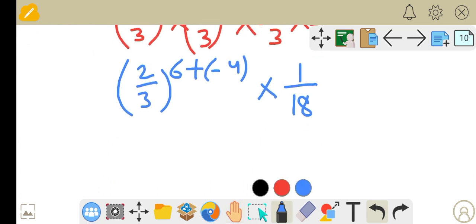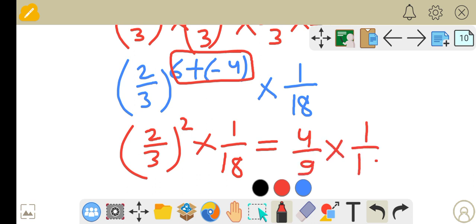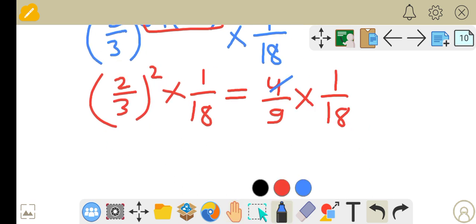Now 6 minus 4 will be only 2, so it can be written as (2/3) square into 1 by 18, and (2/3) whole square will be 4 by 9 into 1 by 18. Simplifying, 2 twos are 4, 2 nines are 18. Now finally it is 2 by 81.